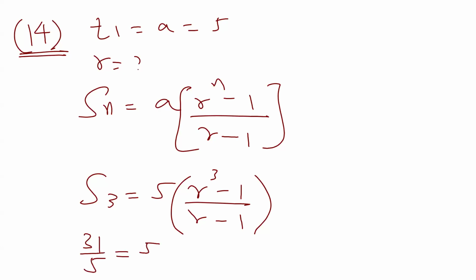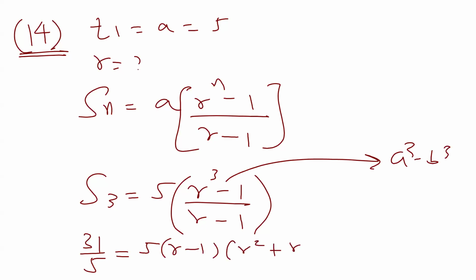This is 5. A cube minus B cube is A minus B into A square plus AB plus B square. So R minus 1 is getting cancelled. I will solve this further for you. Don't worry. Till here, have you understood?